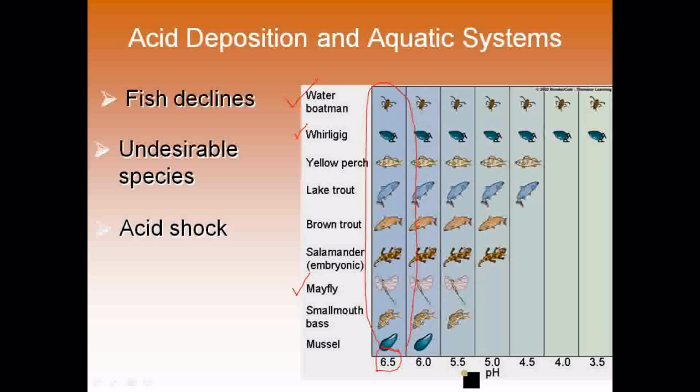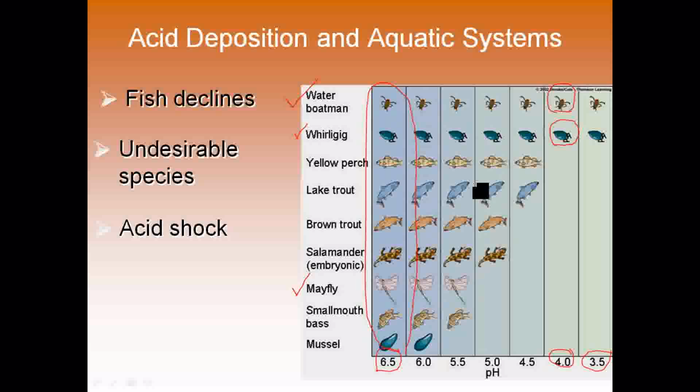But as the pH declines, organisms that cannot tolerate those changes begin to disappear. And when you end up with a pH around 4 or 3.5, there's no fish, only the tiniest, hardiest organisms that, because of their life cycle, are immune to the pH changes are left behind. So we end up with a lake that's practically dead.